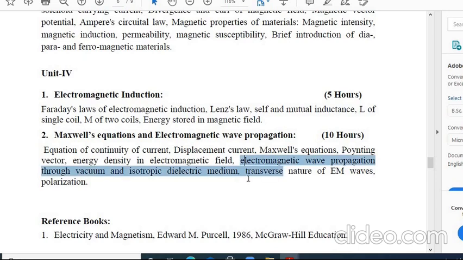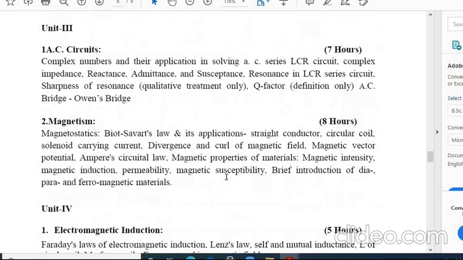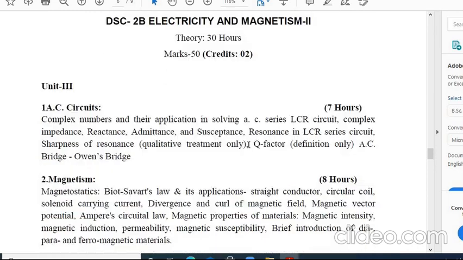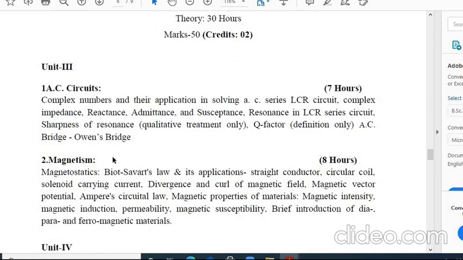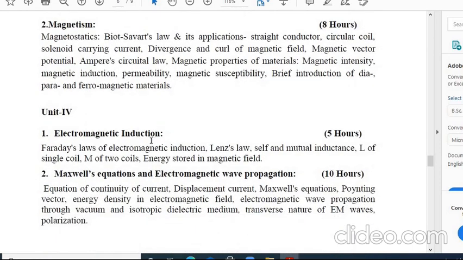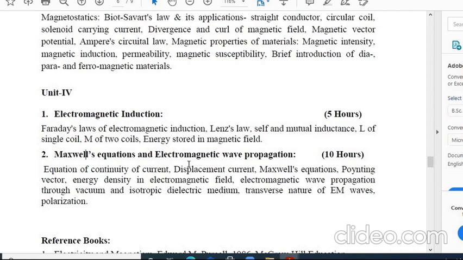From this part, the portion is deleted for your examination. So this is the overall syllabus of paper 4, named Electricity and Magnetism, paper 2nd. It consists of AC circuit, first chapter, magnetism, second chapter, electromagnetic induction, third chapter, and fourth chapter is Maxwell's equations and electromagnetic wave propagation, where the electromagnetic wave propagation and more is deleted.